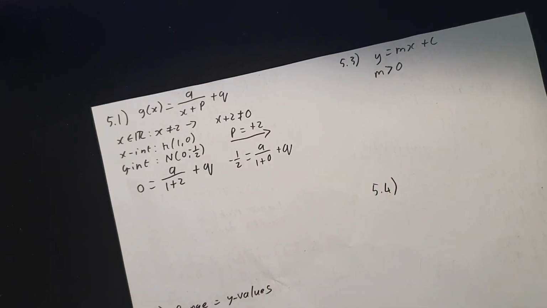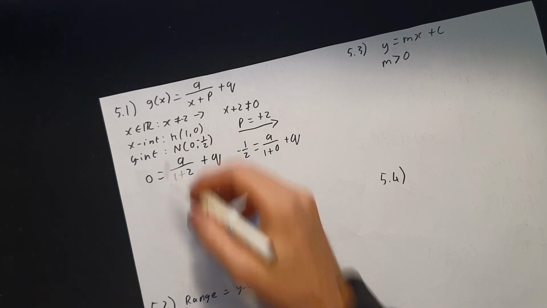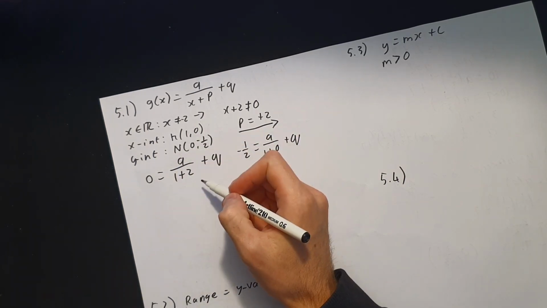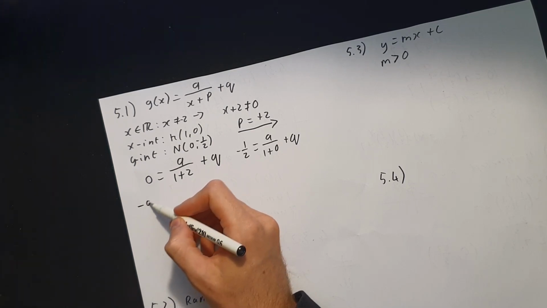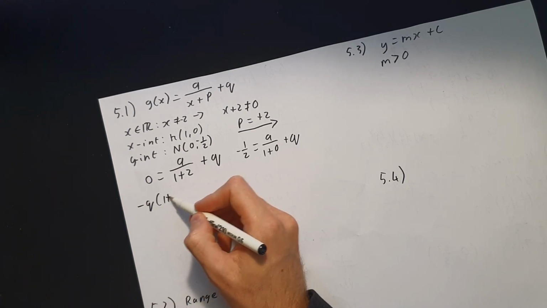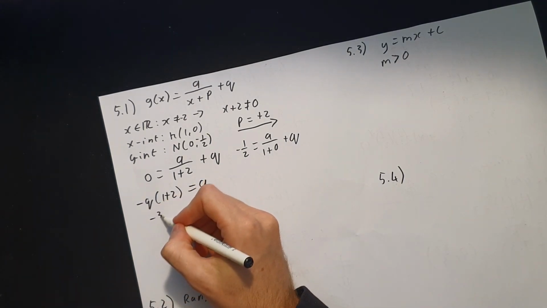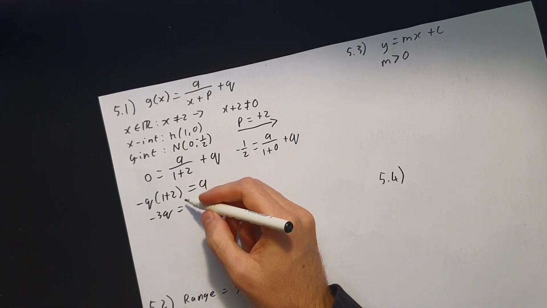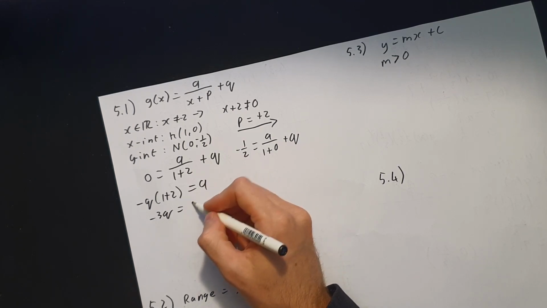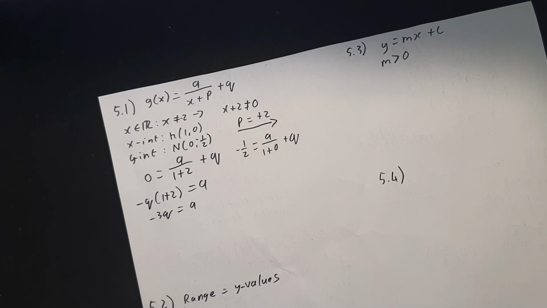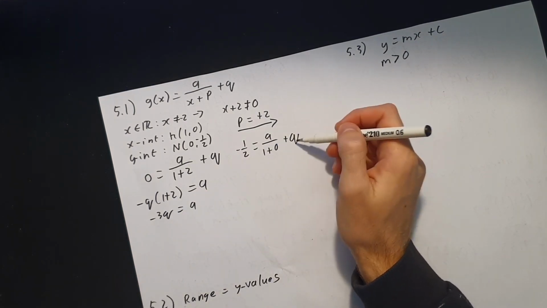Now we have 2 equations and 2 unknowns, so we just solve simultaneously. Let's sort out the first one. We take q over, so we have negative q times 1 plus 2 equals a. That means negative 3q equals a. Now that we know what a is, we can plug it into the second equation and solve for q.